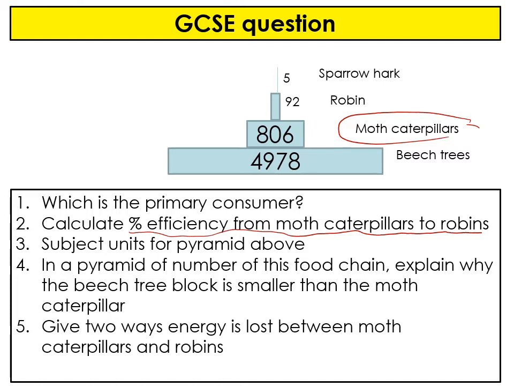Now, if you remember from your GCSE studies, when you are doing energy transfer, and this is whether it's a kettle or an organism, it's always the energy after the transfer, so in this case in our robin, divided by the energy available before the transfer, so in this case our moth caterpillars, times 100.